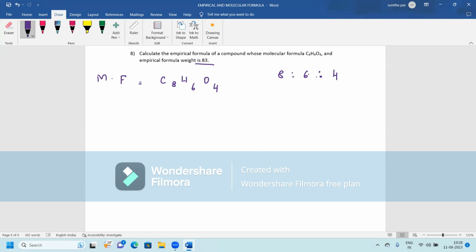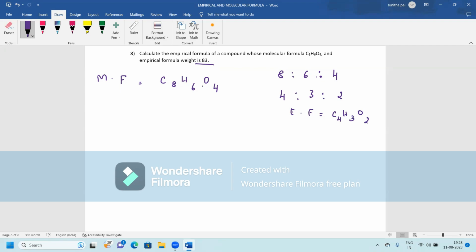No, 6 is not divisible by 4. So can I divide all the numbers by 2? Very much yes. So when I divide all the numbers by 2, I get 4:3:2. Therefore, the empirical formula is C4H3O2.